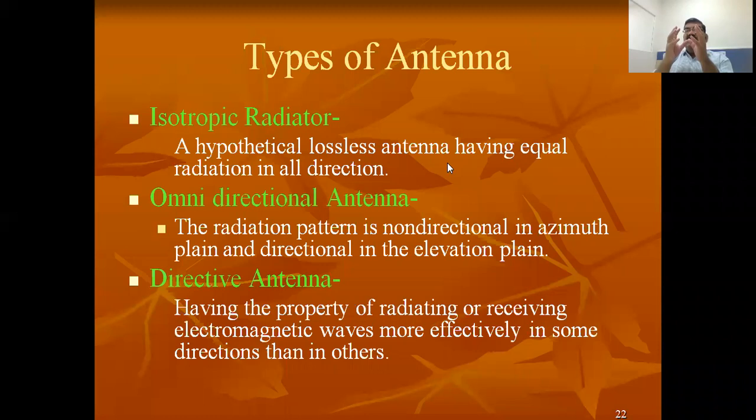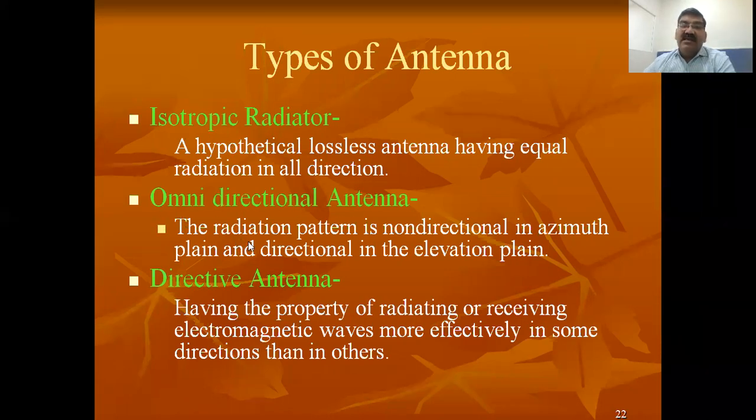So the antenna radiates in all directions, like a sphere. If you have a ball sphere, and inside it at the center you have an antenna radiating in all directions. Practically this type of antenna is not possible, but this is taken as a reference, the ideal case. And with reference to the isotropic radiator, we define the other antennas. So this is a reference antenna.